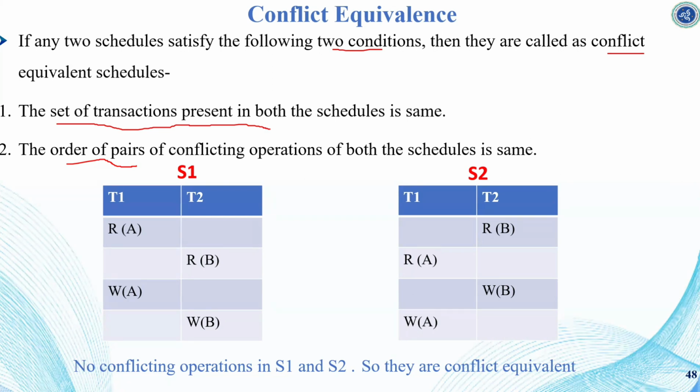There are no conflicting operations in S1. And in S2 also, there should not be any conflicting operation. Here also, this is reading B and this is reading A. No conflict. This is reading A, but this is writing B. Then also there is no conflict. This is writing B and this is writing A. Then also no conflict. Okay. So here there are no conflict operations in both S1 and S2.